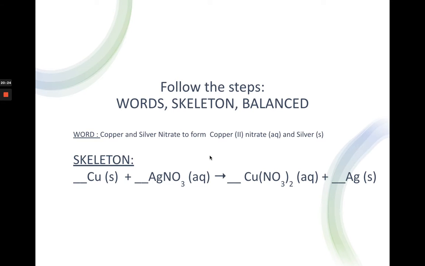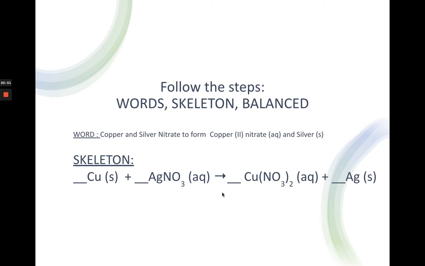So how do we balance it? Well, here is our skeleton. We have copper solid, the wire, reacting with silver nitrate. And again, AgNO3 is silver nitrate. To form copper-2 nitrate, so here's the correct formula for copper-2 nitrate, and silver metal. That's why it's solid. So you have an element and a compound reacting to form another compound and an element.